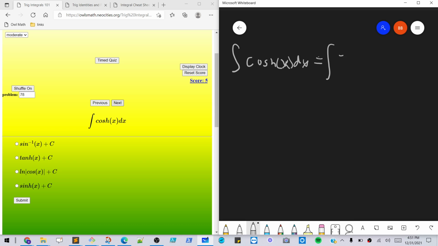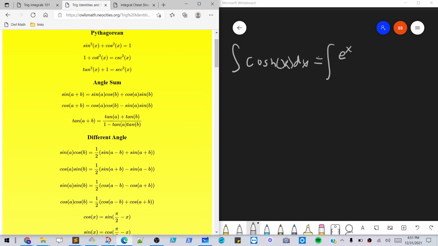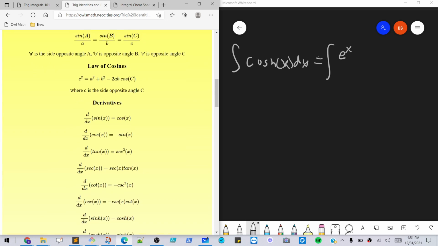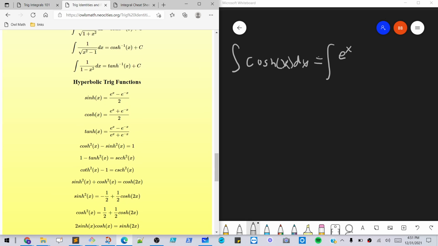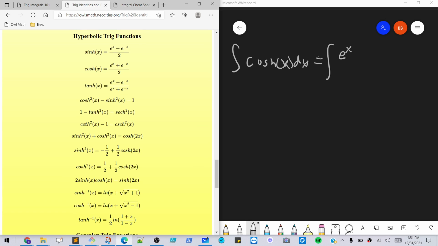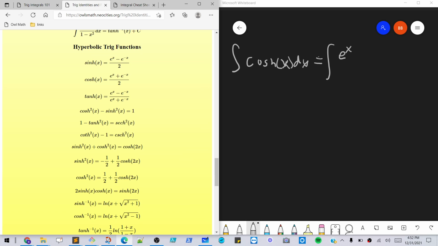The one thing you do want to know is the definitions of what those hyperbolic functions are. And again, that's going to be in here. Where is it? There. So here are the definitions of sinh, cosh, and tanh. And then there are some identities to go with it down here that can be useful. Actually, let's keep that up while I'm working on this.